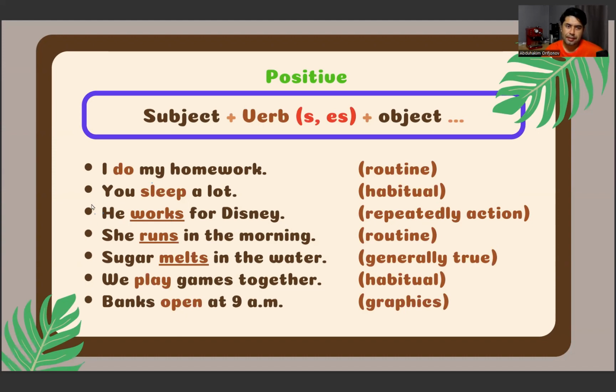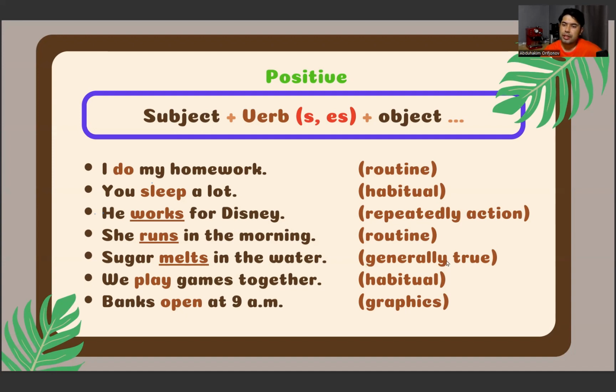the subject is he. She runs in the morning. This is a routine. And run is the main verb, and we added s to the verb because the subject is she. Sugar melts in the water.